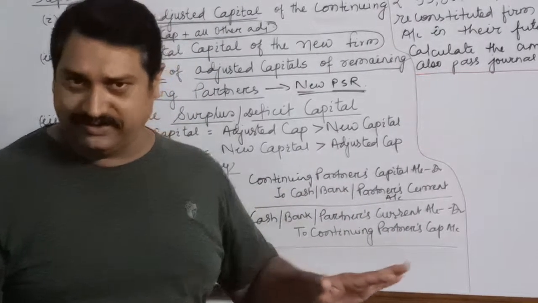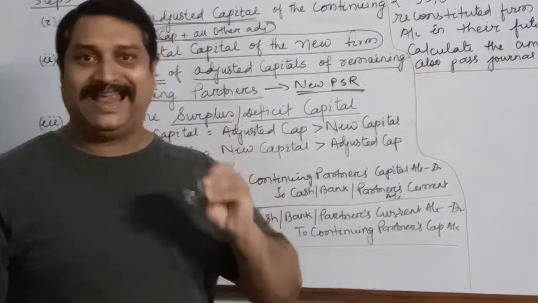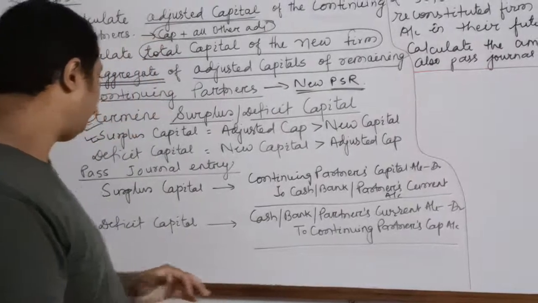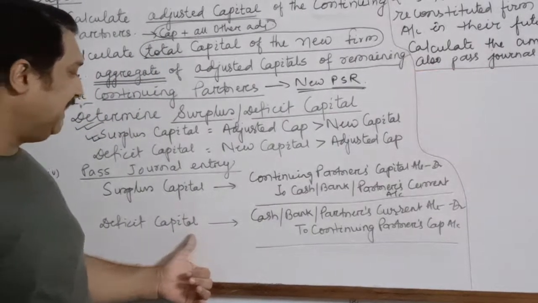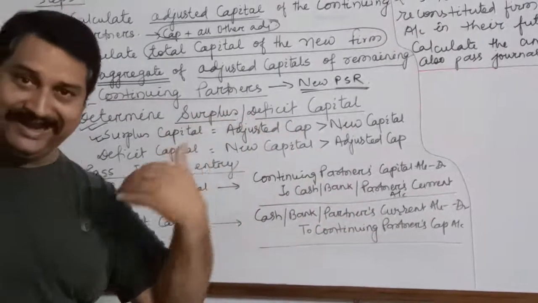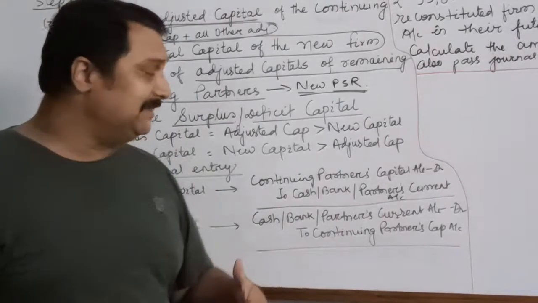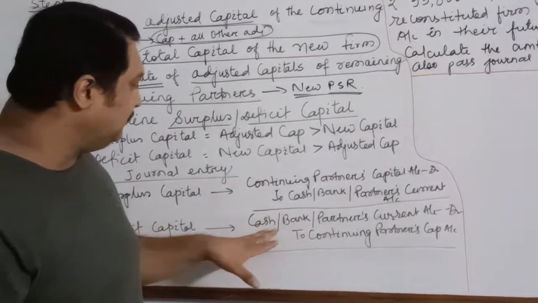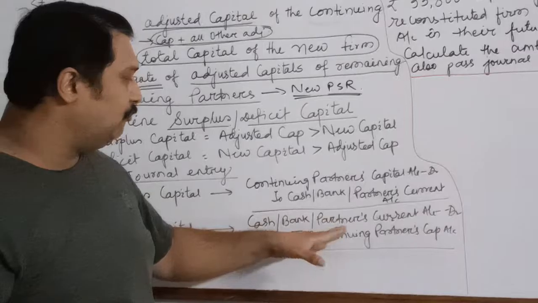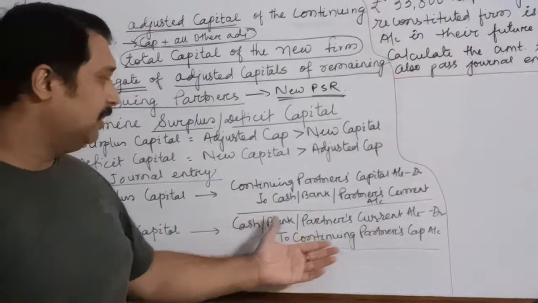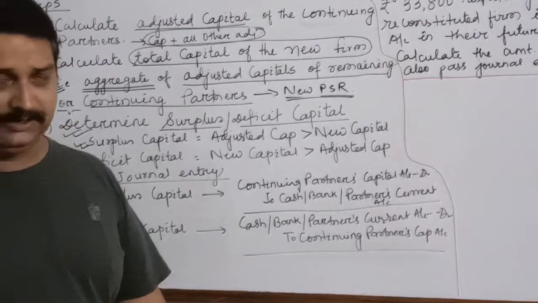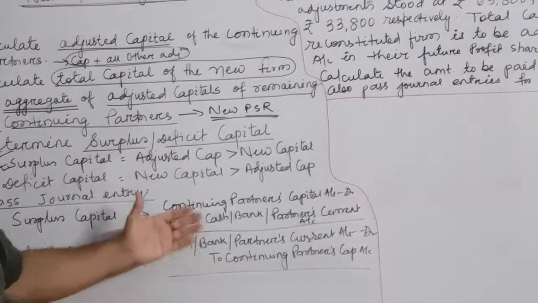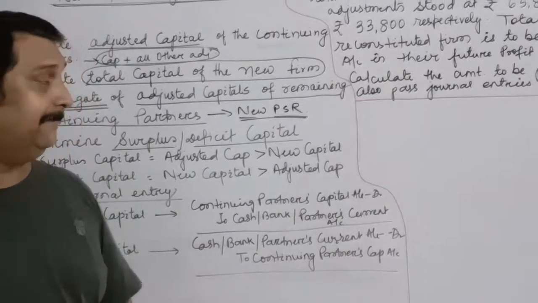Otherwise, if there is no instruction, you will use cash or bank account. In case of deficit capital, the partner will have to bring in more capital into the business. So the entry has to be passed: cash account, bank account or partner's current account to continuing partner's capital account. Depending upon the situations, you will be passing the journal entry.